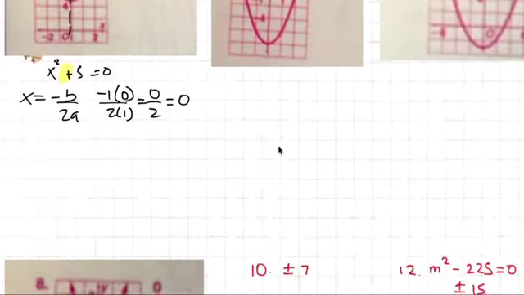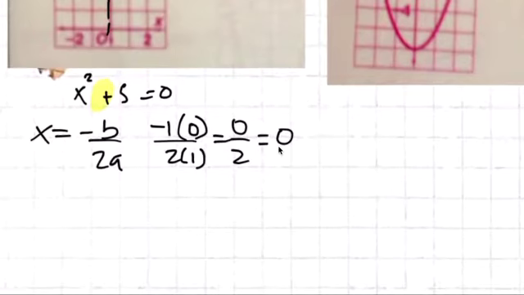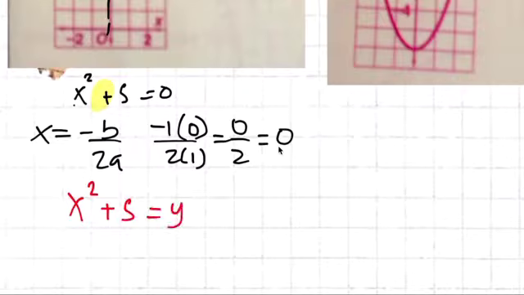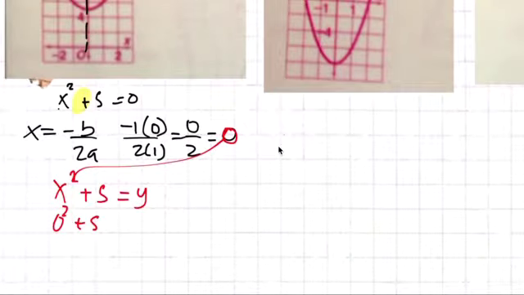Then you find your vertex, right? Your vertex, x is 0, y is 5. So really this 0, they're saying y, same thing as y. So if x squared is 0 plus 5, and that's your y, so input that 0 there. 0 squared plus 5, y is 5, right?